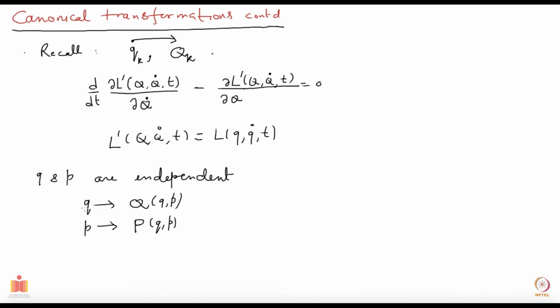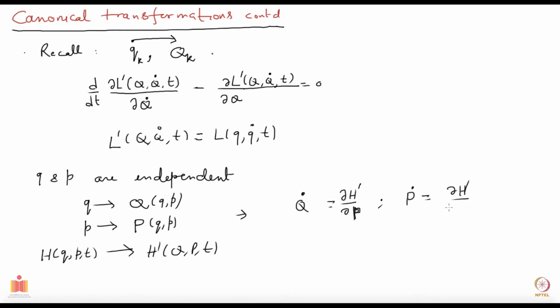What I'm saying is, under this transformation from small q to capital Q and small p to capital P, my H will go to some H prime, which will be a function of capital Q, capital P and t, and it is not guaranteed that the following will hold true: del H prime over del P is equal to Q dot, and P dot is equal to minus del H prime over del Q.